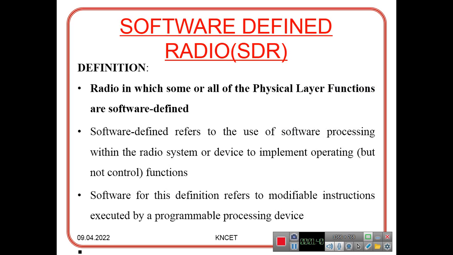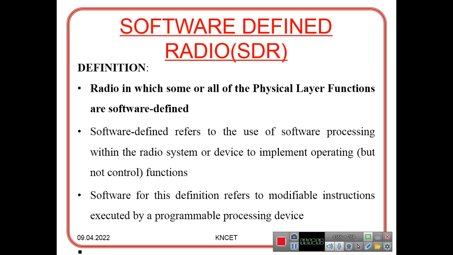In general, software defined radio is one in which some or all of the physical layer functions are software defined. So, what is software defined? It refers to the use of software processing within the radio system or the device to implement the operating functions.